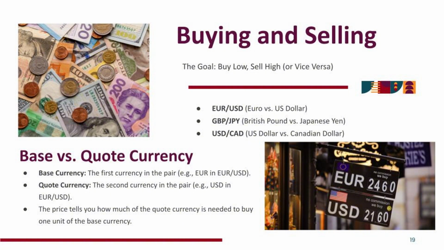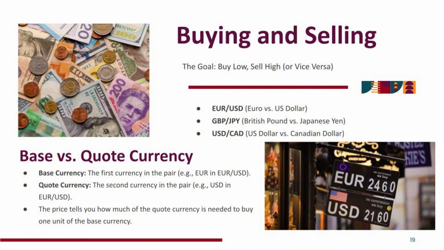So again, looking at our base and quote currencies, a quick concept to understand is that if the base currency in the pair is going to become stronger, an example could be EUR/USD. If we think the Euro is going to become stronger relative to the US dollar, then we would buy the pair.